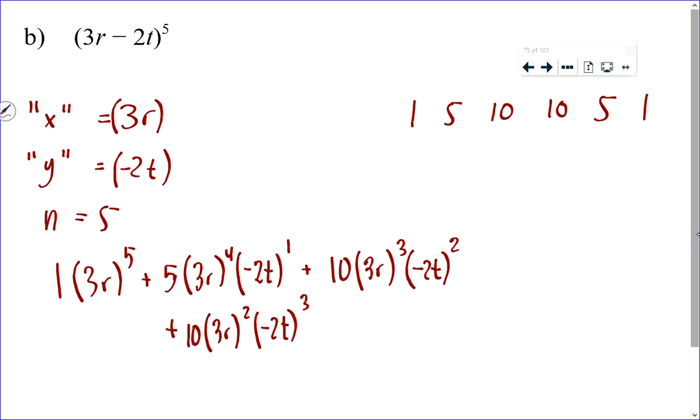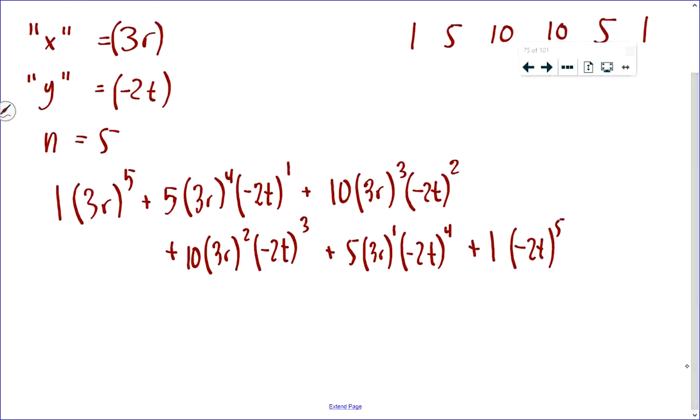My negative 2t is going up by 1 each time. Then I'm going to have plus my 5. 3r will be to the 1, my negative 2t will be to the 4. And then I'm going to have finally 1. My 3r will be to the 0. I'm not even going to write that. We don't have any 3r's anymore. What I do have is negative 2t to the 5.